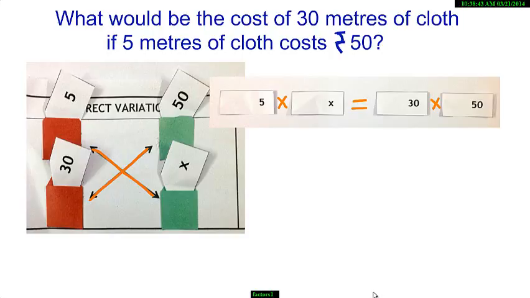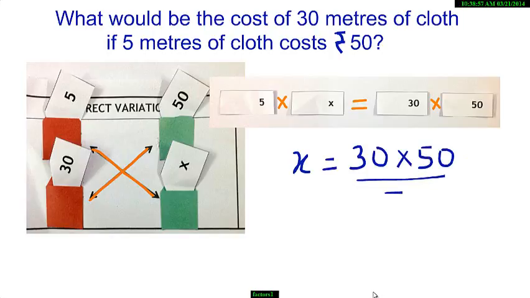When we follow the pattern, we get 5 into x is equal to 30 into 50. Therefore, we can say x is equal to 30 into 50 by 5. X is equal to rupees 300.